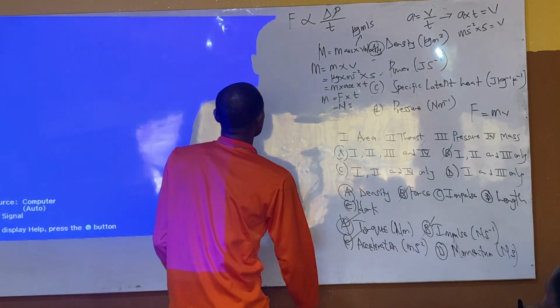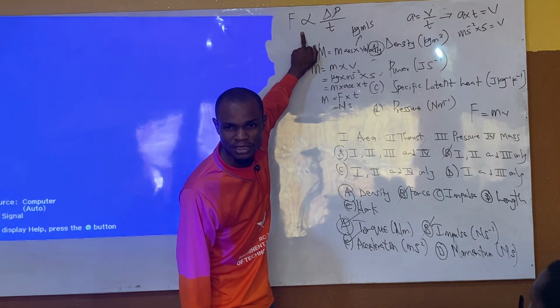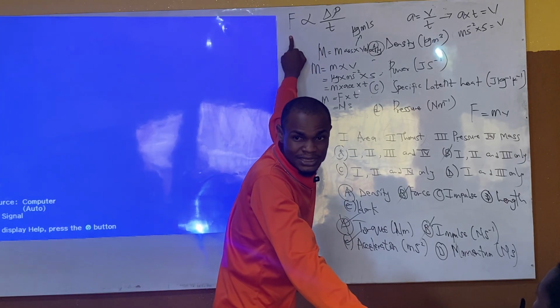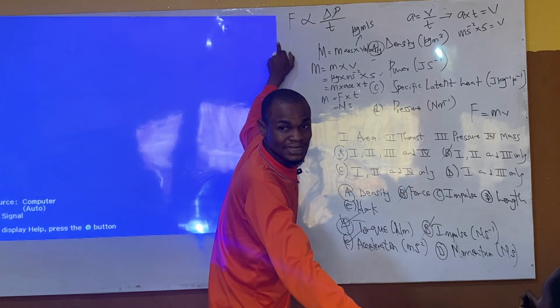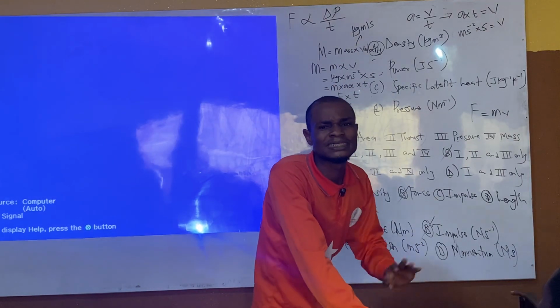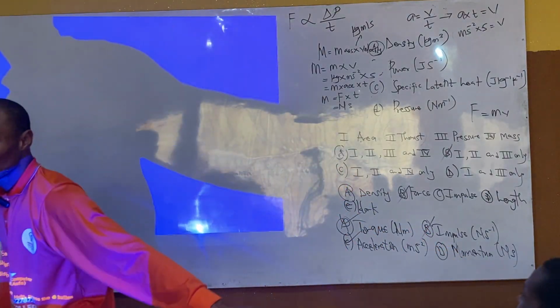So this is a direct relationship. If you are applying force on the body, as this force is increasing, the momentum will also be increasing. What's the meaning of momentum? In simple language, momentum is movement. Can I drag him?